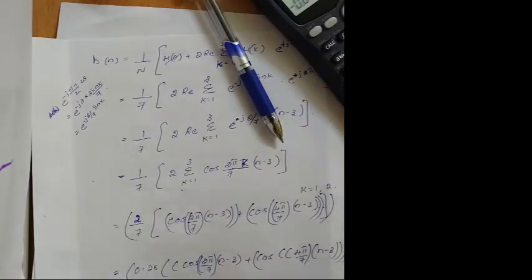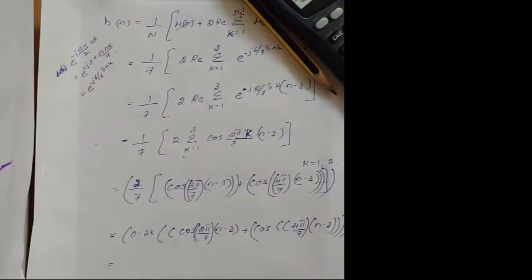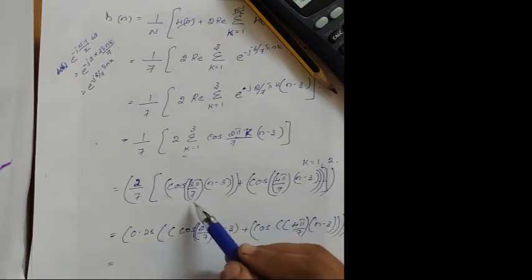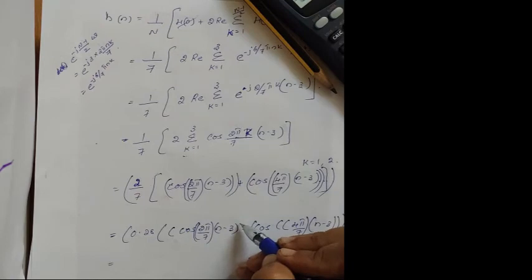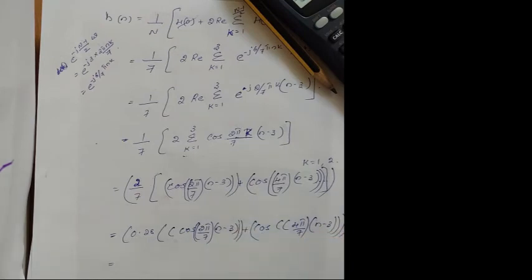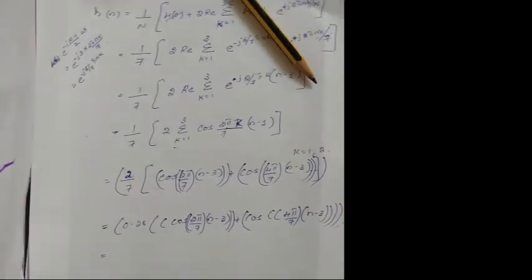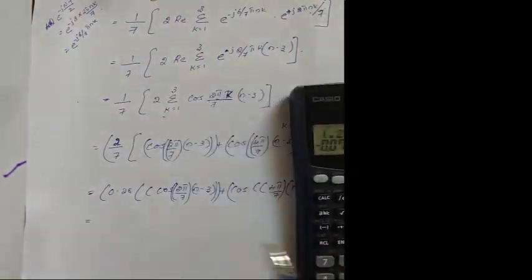Okay, the mistake that I made was I forgot to place two brackets over here. So here it is given as 2 brackets, and I forgot to place the 2 brackets over here. Okay. Now again, when you do it correctly, you will get the correct answer.